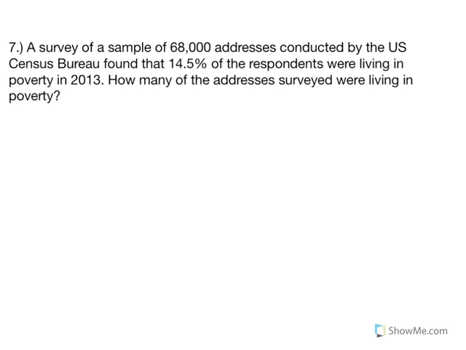A survey of 68,000 addresses conducted by the U.S. Census found that 14.5% of the respondents were living in poverty. So 14.5% of the respondents. How many of them were living in poverty? Well, how many respondents were there? They tell you that in the first part. So we know the total respondents is 68,000.